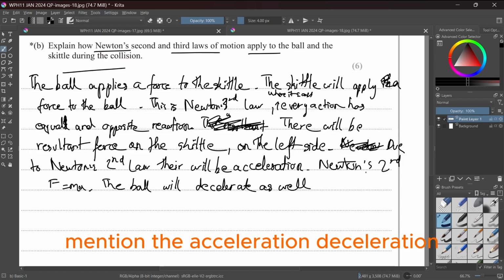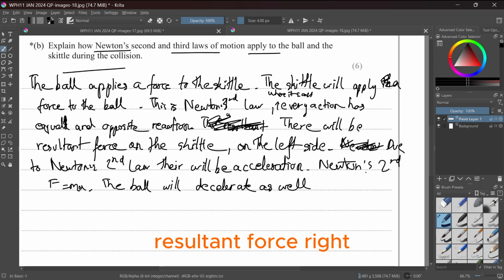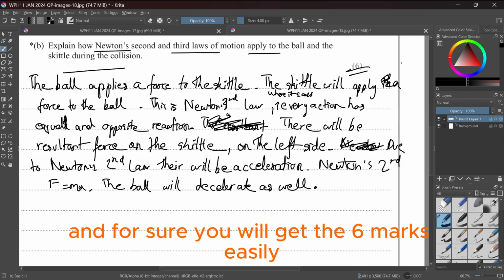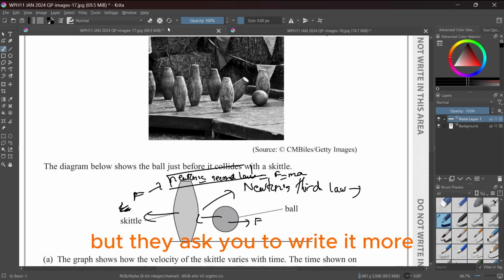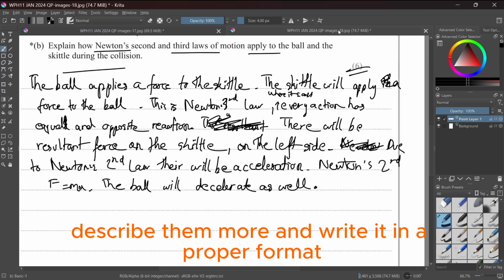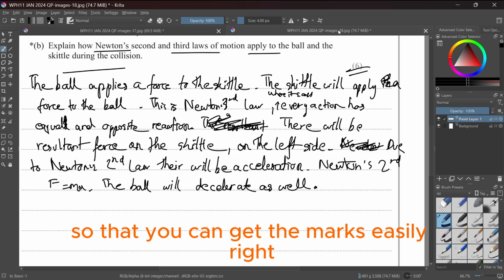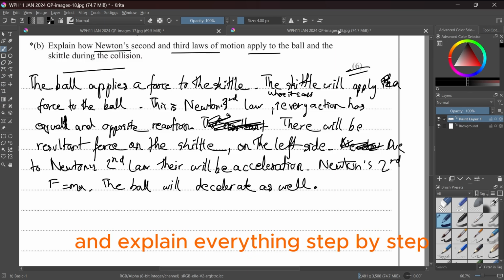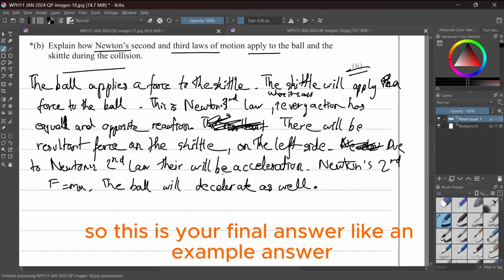Okay, mention the acceleration, deceleration, resultant force, all of these things, and for sure you will get the 6 marks easily. It's a simple concept, but they ask you to describe it more and write it in a proper format so that you can get the marks easily, and explain everything step by step. So this is your final answer, like an example answer.